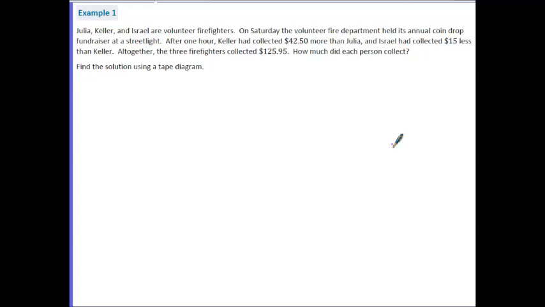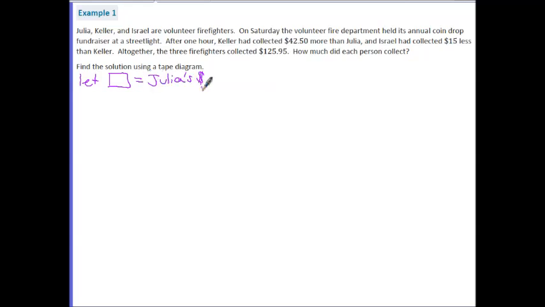What you should notice here is that they talked about Julia, and they talked about Keller's amount in terms of Julia. So that's what we really want to start with. Julia is our unknown because they then defined Israel in terms of Keller. So we're going to let our single block equal Julia's money.